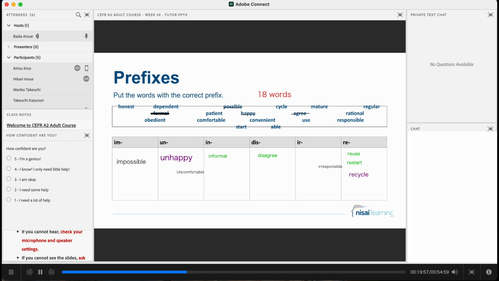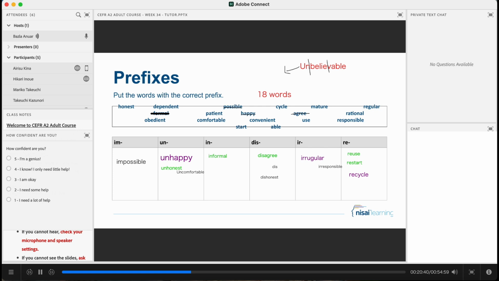Okay, wonderful. So I'm just trying to do a recap here. What we're doing is learning about word parts. Word parts can be broken down into three parts, namely prefixes, root, and suffixes. So I'll just explain here. For the word unbelievable, it can be broken down into three parts: un, believe, able.